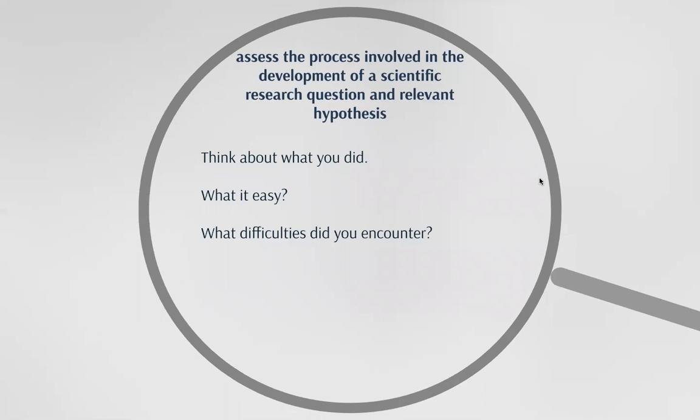A lot of the outcomes that you have to do in the course are about assessing what you've done. So when it comes to your research question and hypothesis, one of the things you need to do is think about whether what you did was easy, and what difficulties you encountered. A lot of the outcomes I'm going to talk about in this section are about you reflecting back on what you did.